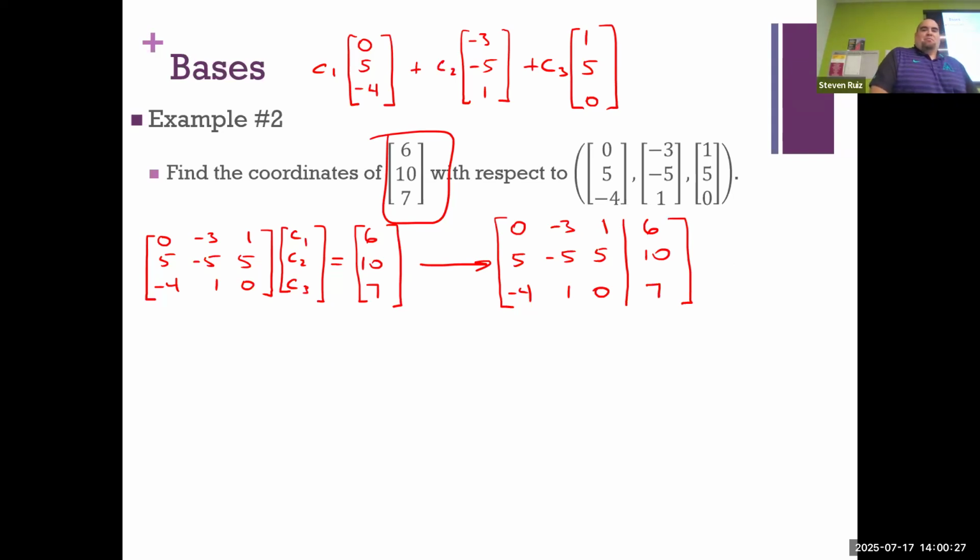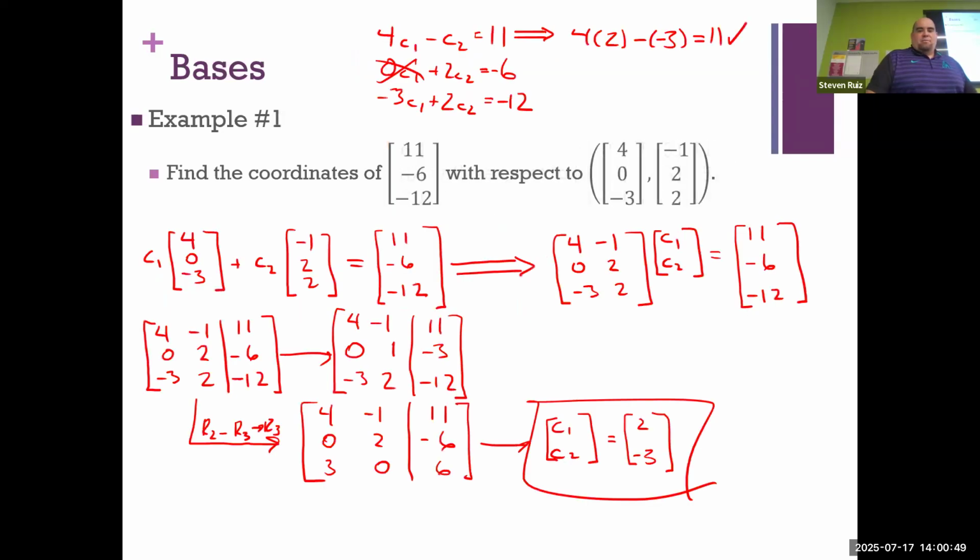All right, so what should we do? Last time we kind of did do Gaussian elimination.